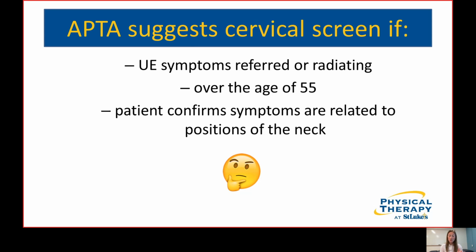It's not age specific. We know it peaks at about 40 and 50 years old, increases for each decade thereafter, but it's not happening before then. Cervical radiculopathy, same thing, peaks at about 50. But again, it's happening before then. So if we're not considering it in those who are under 55, again, we're leaving some stones unturned.